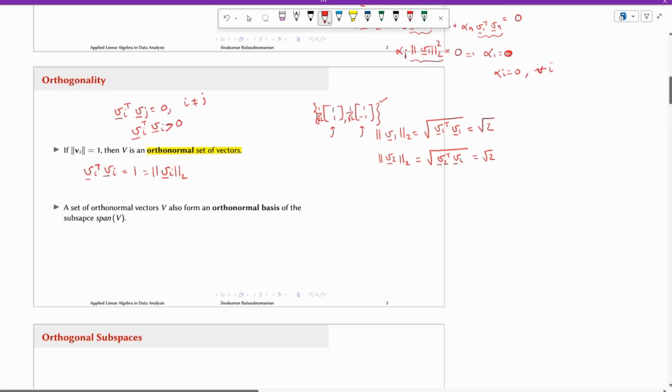Now let's say I have a set of vectors v1, v2, up to vr, and this is an orthonormal set of vectors.